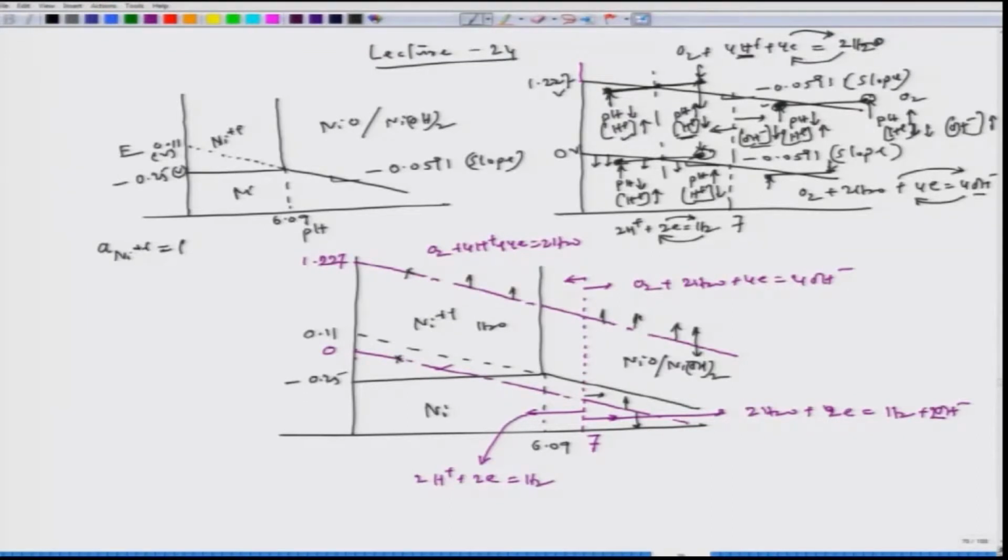Now, similarly, we can have a similar argument for this and this point. Here pH is less, H plus ion concentration is more, OH minus concentration is less, and here pH is high, H plus ion concentration is less and OH minus ion concentration is more, because H plus and OH minus concentrations are inversely proportional.